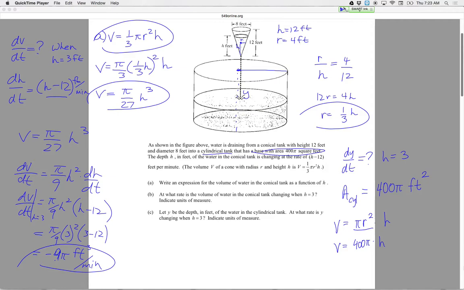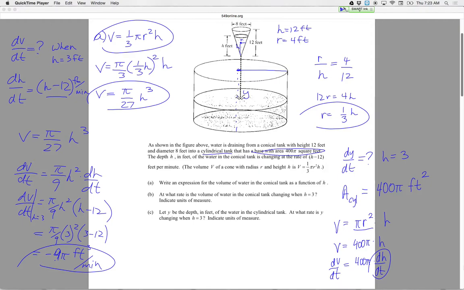Pretty simple. So now that I have my volume formula, I can say dV/dt is equal to 400 pi times dH/dt. That's what I'm looking for: dH/dt, which is the same thing as dy/dt.